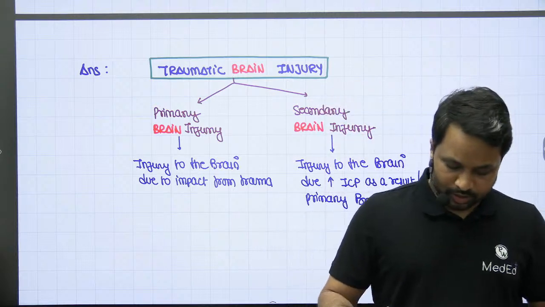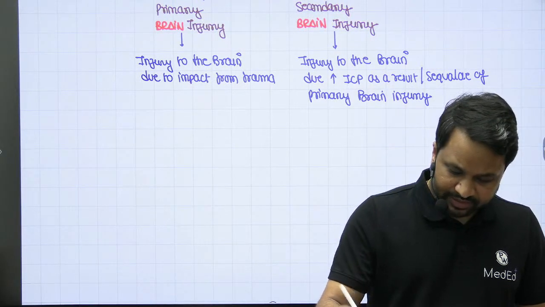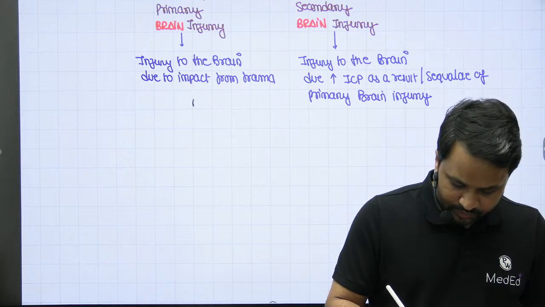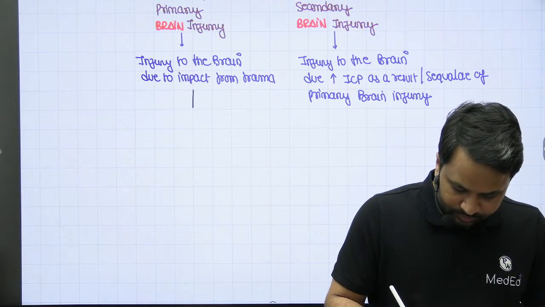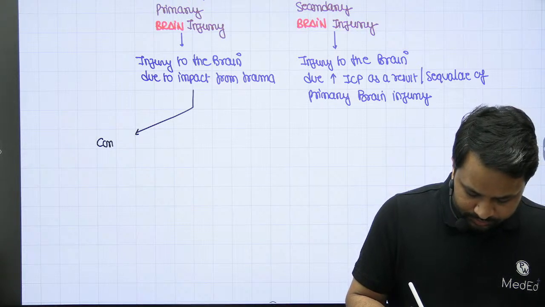Okay, so when you talk about the primary brain injuries, we have 3 varieties that I can give you as an objective here. One, it is concussion injury.